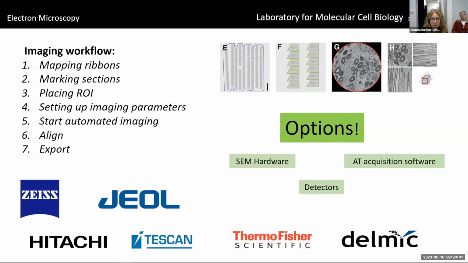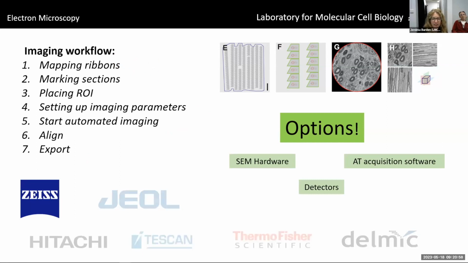And as far as I'm aware, currently there are about six different commercial manufacturers of EMs and array tomography solutions. These range from developed to just being released. And so you have plenty of choice.